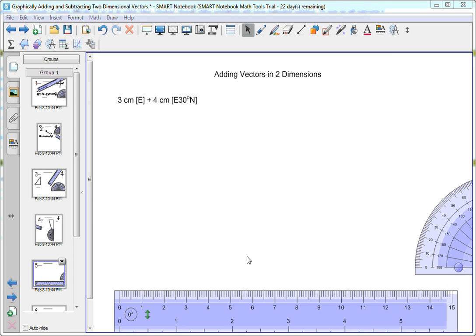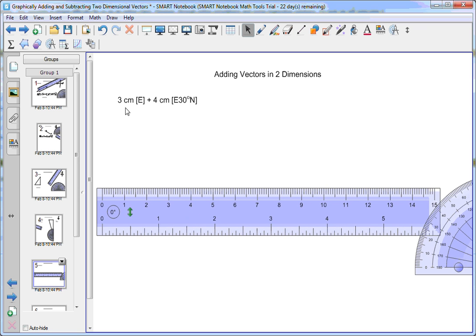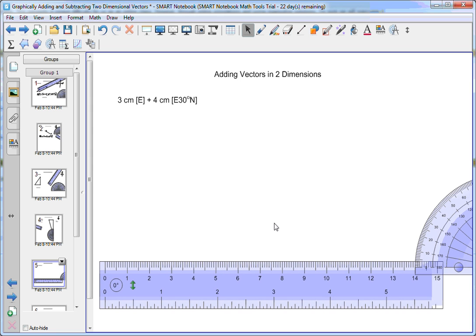Adding and subtracting vectors when the question has a not straight up and down or side to side vector gets a little bit more confusing. Let's give this one a try here. We've got 3 centimeters east plus 4 centimeters east, 30 degrees north.